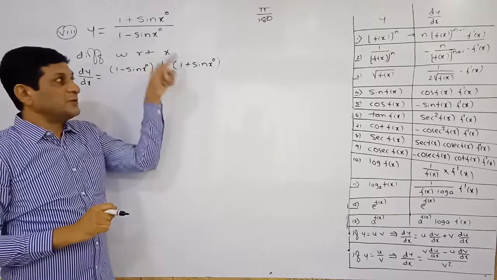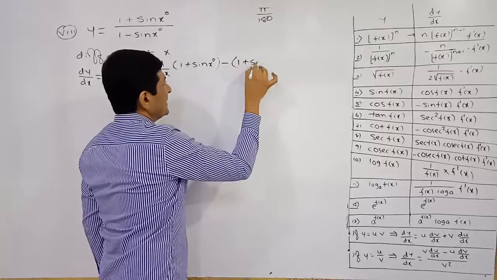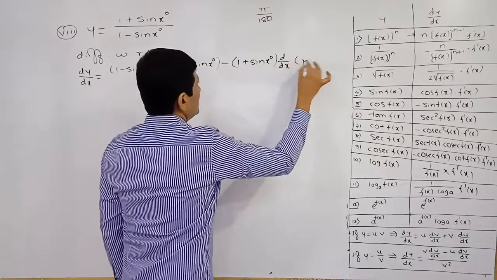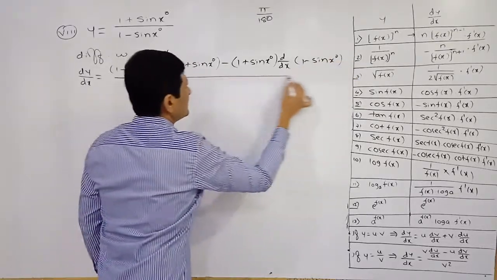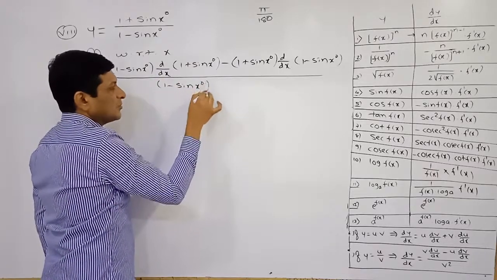V as it is, derivative of u, minus u as it is. What is u here? 1 plus sin x degree as it is, into the derivative of v. V is here 1 minus sin x degree, divided by v square. V square means the square of 1 minus sin x degree, whole bracket squared.